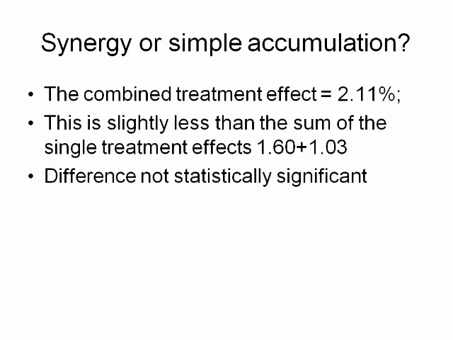Now, the interesting question which I started with is this issue of synergy, or what you might call simple accumulation. And basically we replicate the US studies which suggest there is no synergy effect. It's quite easy to calculate that. The combined treatment effect is 2.11, which is actually less than the sum of the single treatment effects across mail and telephone, 1.6 and 1.0.